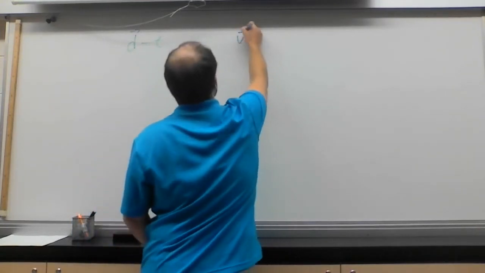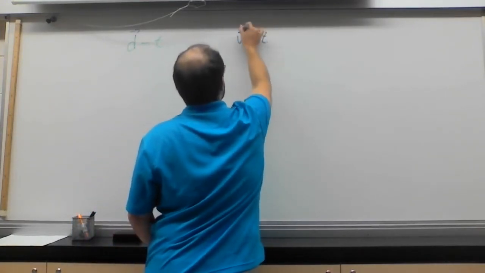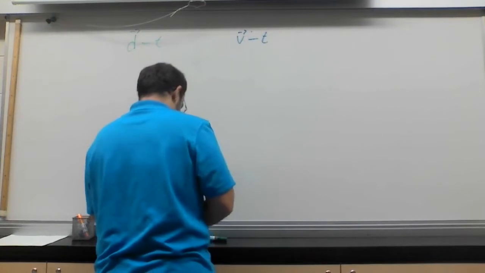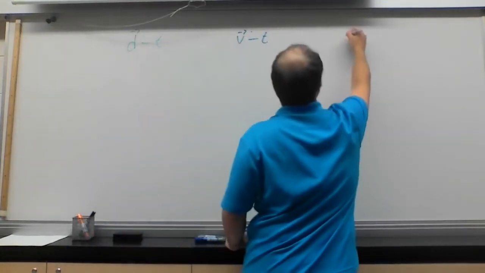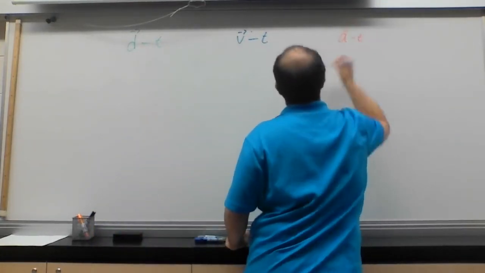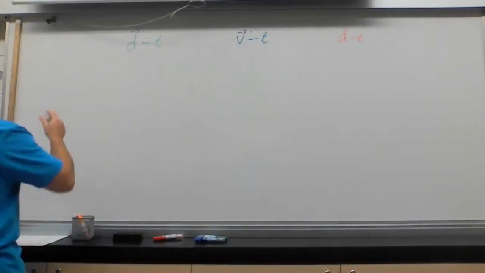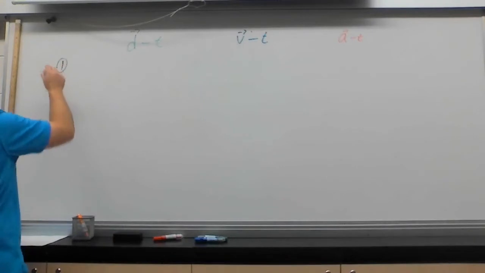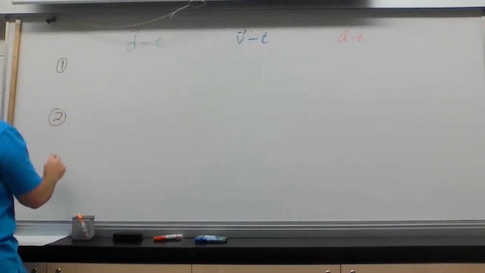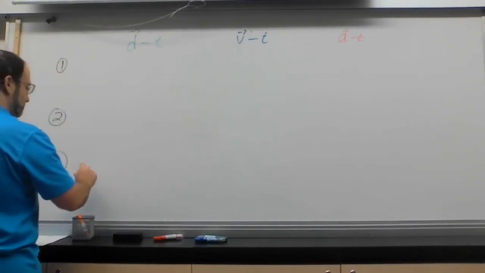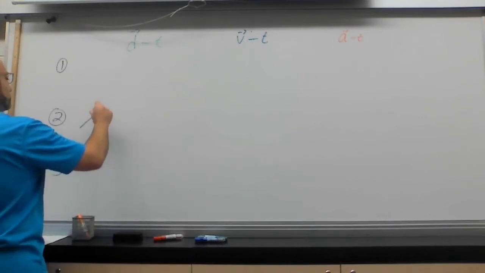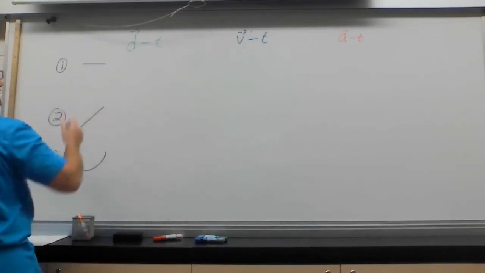You're going to have your velocity time graph. And you're going to have your acceleration time graph. And those three are going to have three different shapes, as we just said, right? There's going to be option 1, option 2, and option 3. Option 3 is a curved line, option 2 is a sloped line, option 1 is a flat line.